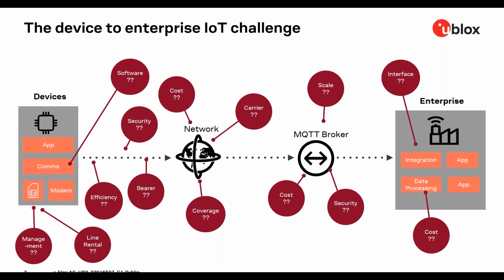What connectivity should we use? Which network? How do I scale? Is it secure? What about the power consumption or data usage involved in the design? What's the interface to select to get that data to the cloud, and what's the cost? So all of these are calculations made into any successful IoT design.